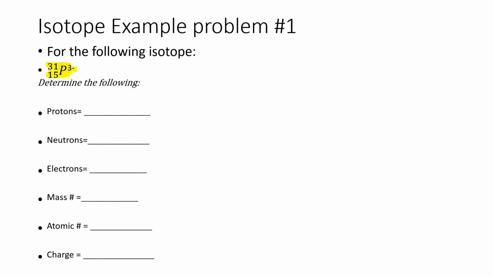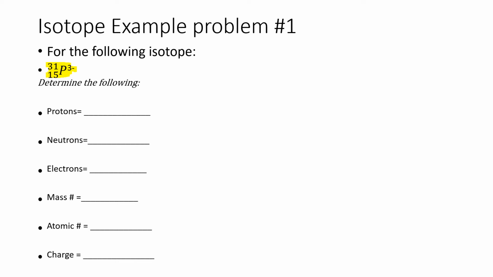Now, based upon that, we are going to figure out the following. We're going to figure out the number of protons. We're going to figure out the number of neutrons. We're going to determine the number of electrons. We'll get the mass number in there. We'll get the atomic number in there. We'll get the charge number in there. All of that information is encoded into that correctly written isotopic format. So we want to work at extracting that information out.